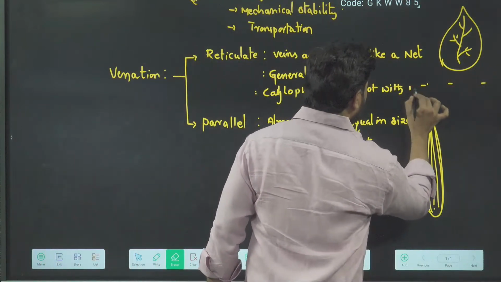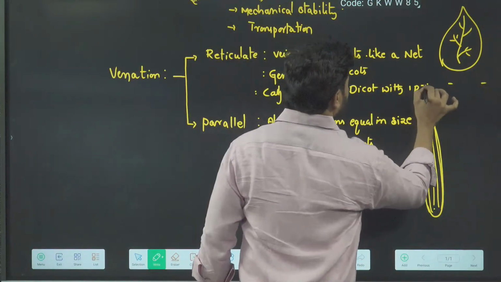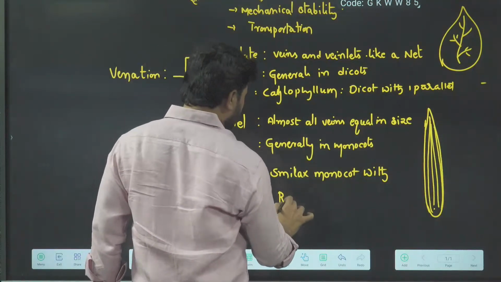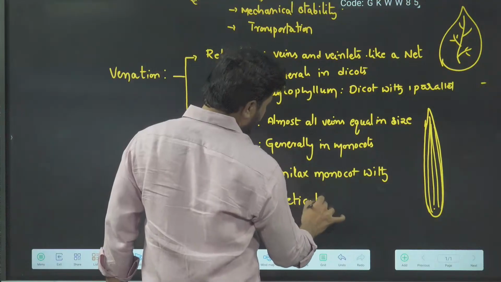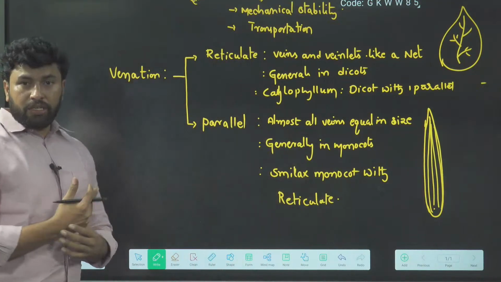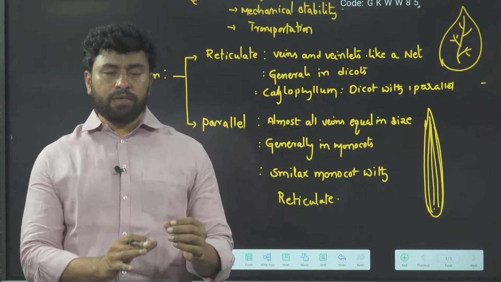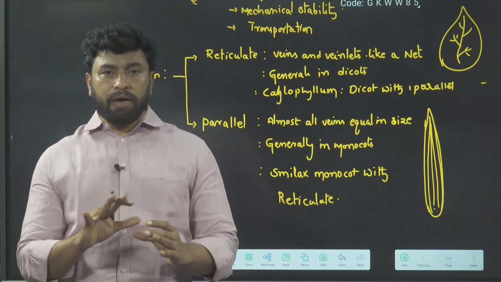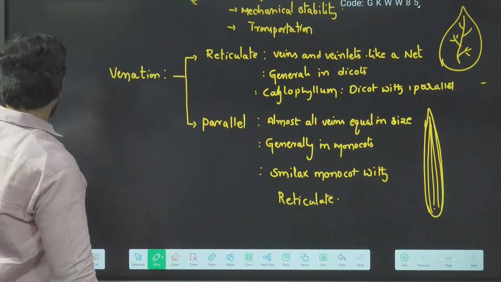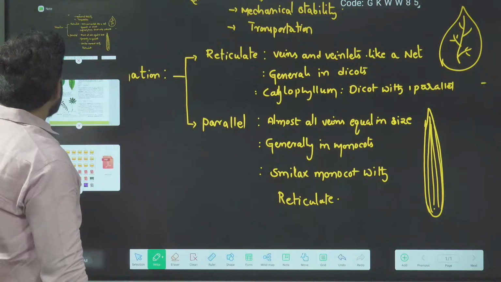Sorry for that. Next one, Smilax. Smilax is a monocot with reticulate venation. Like that, there are a few exceptions with parallel venation and reticulate venation, but generally reticulate venation is seen in dicot leaves. Monocots possess parallel venation. Then let me show you some of the leaves with reticulate and parallel venation in their structures.